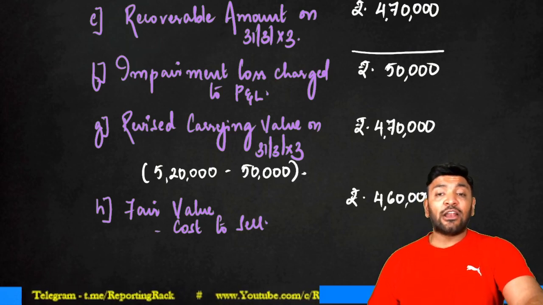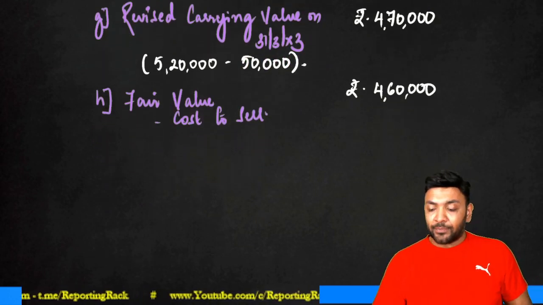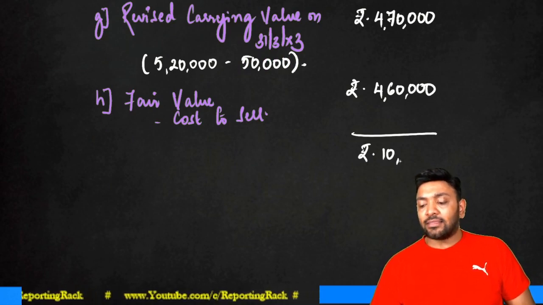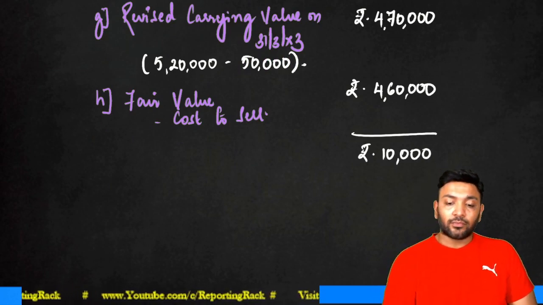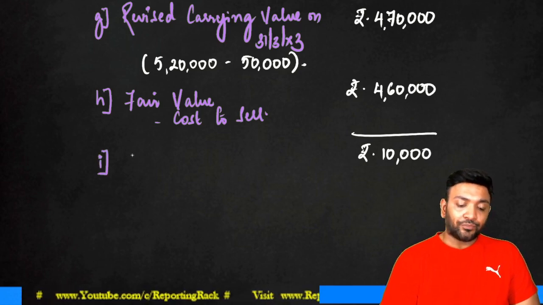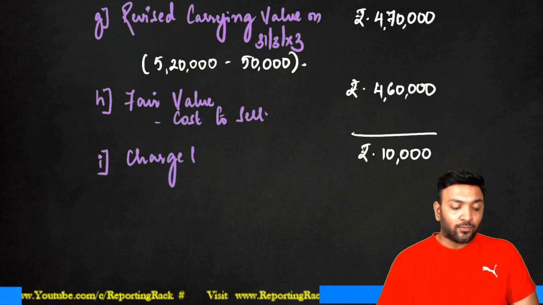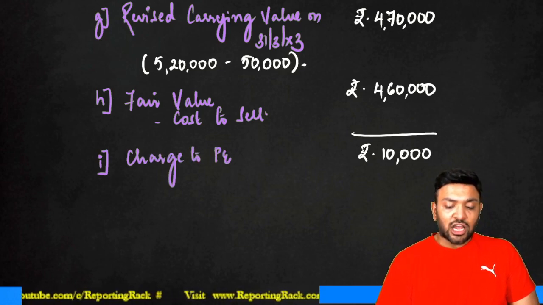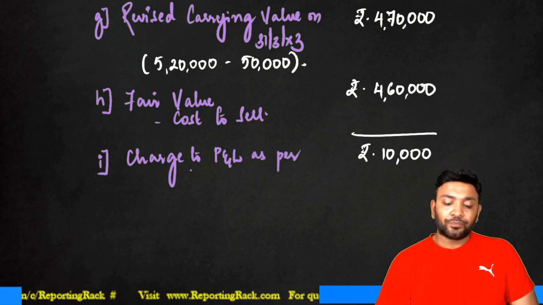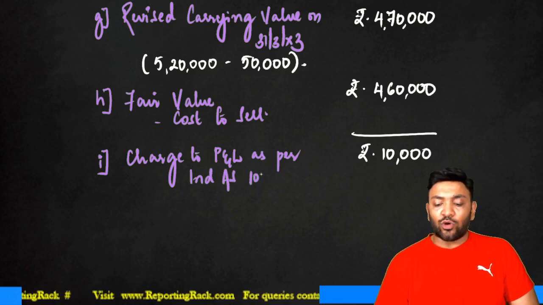Since your fair value less cost to sell is less than the carrying value of the asset on that same date, I would have charged to P&L 10,000 rupees. Charge to P&L as per IND AS 1.5.